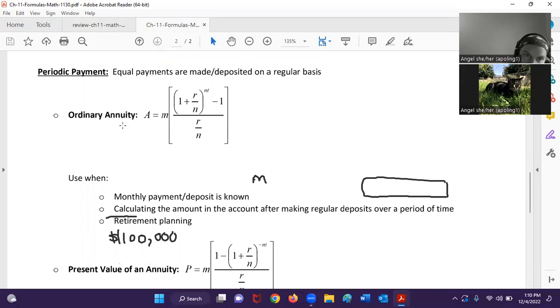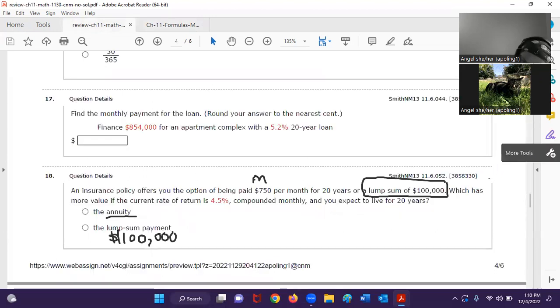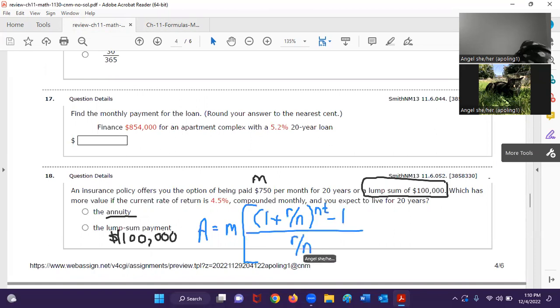Okay, so we go look up this formula and write it down and then plug and chug. Most of this review is making sure you can do your calculator work.